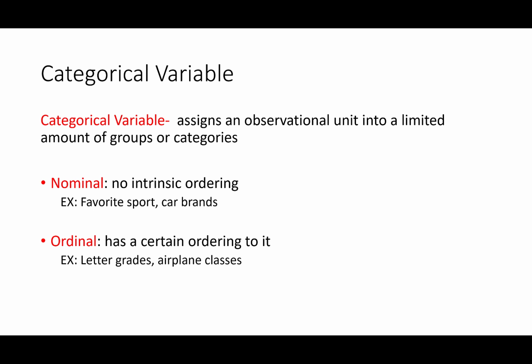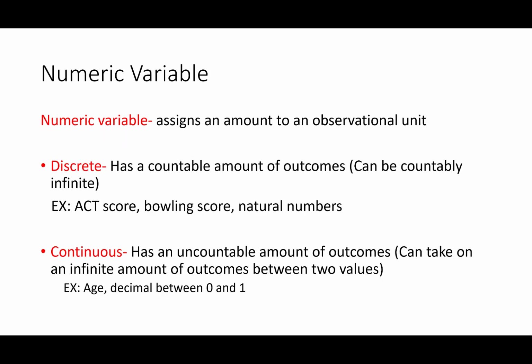The second main type of variable is what's called the numeric variable, and this assigns an amount to an observational unit. Just like with categorical variables, there are two types of numeric variables, one which we'll call discrete and the other which we'll call continuous. Discrete technically means that this variable has a countable amount of outcomes.